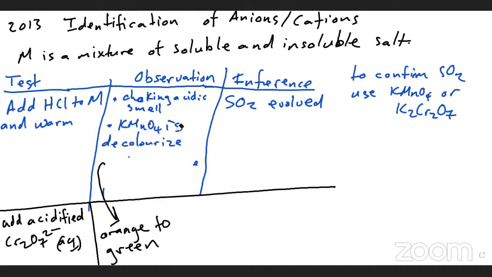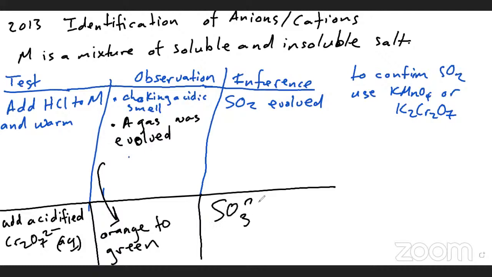So what I'm going to do is switch this one. A gas was evolved, and we add that it has a choking acidic smell. And for inference, they have that the sulfite ion is present.